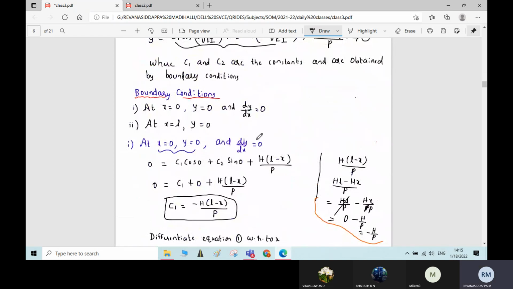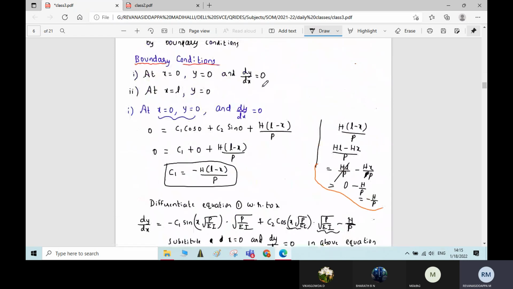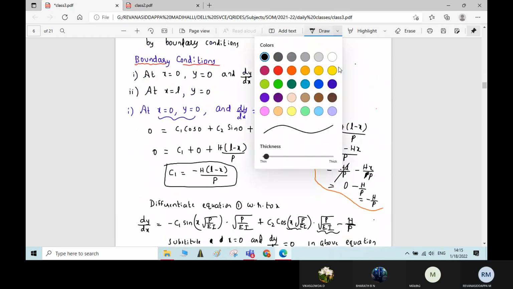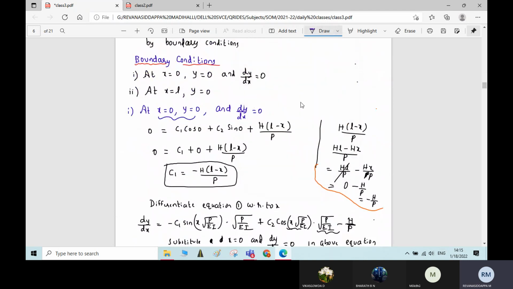Yes, definitely you will get it as 0. Here the x value is 0, correct? I did not substitute the x value as 0 here, so let me substitute it. It is L minus 0.